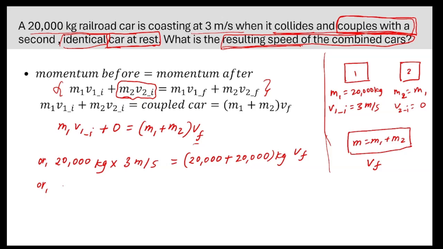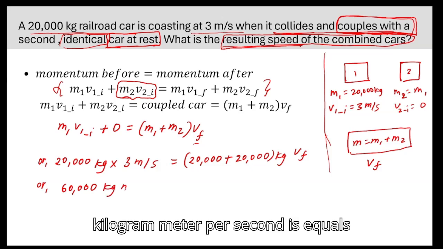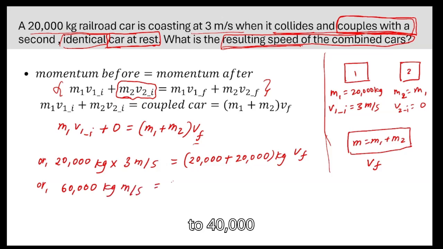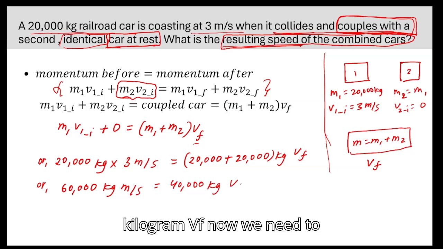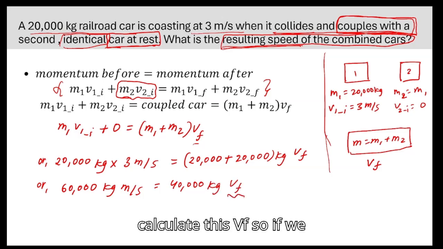So this is 60,000 kilogram meter per second equals 40,000 kilogram times vf.